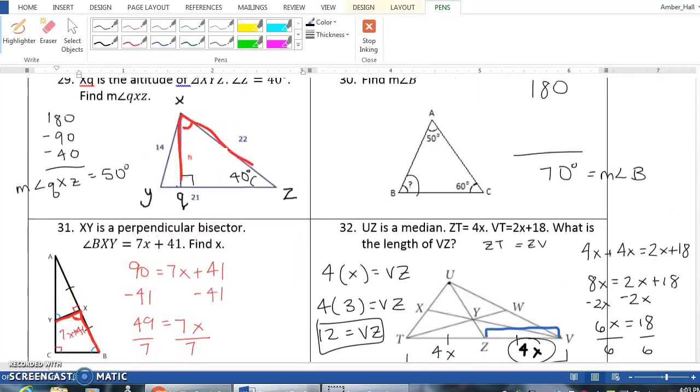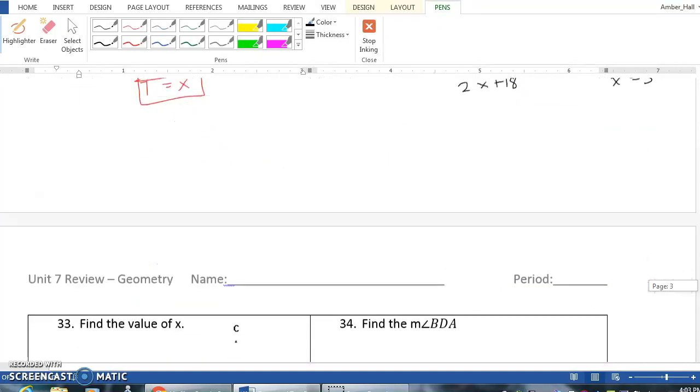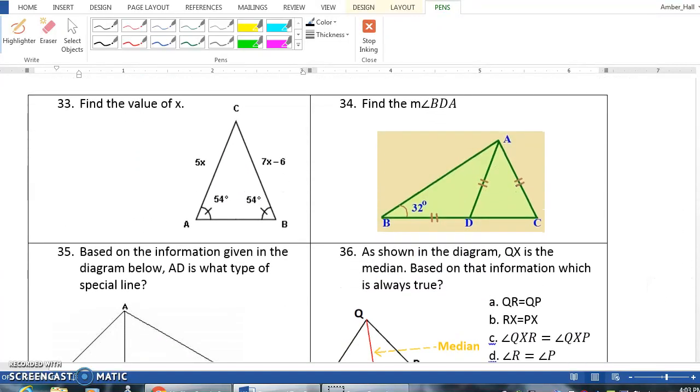Alright, number 33. Oops. Find the value of x. Okay, so here I see that this angle is congruent to that angle. And these, to me, look like base angles, so I know that this is going to be an isosceles triangle, so this side has to be congruent to that side. I know that this side is 5x, and this side is 7x minus 6.